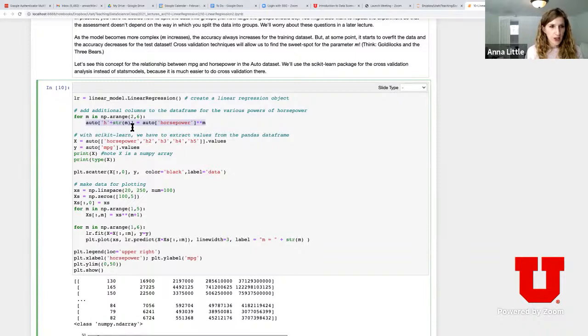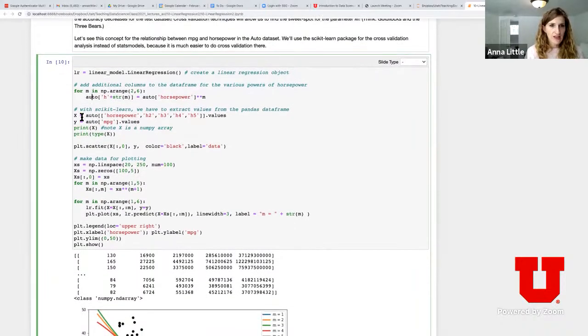So here we're explicitly adding in these horsepower columns: horsepower, squared, cubed, etc. And it also doesn't play very well with the pandas data frame, so we have to extract the values from the pandas data frame before we feed it into the linear regression function.